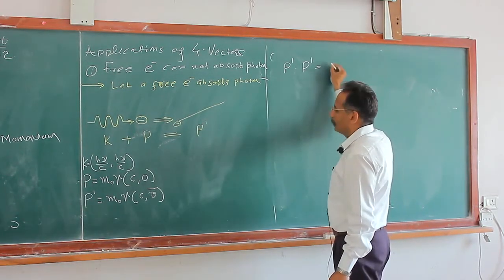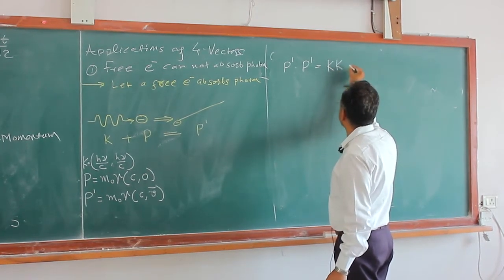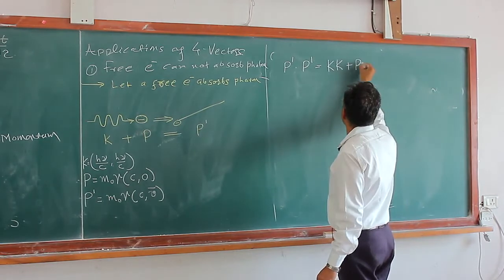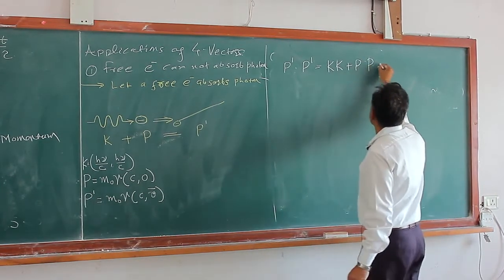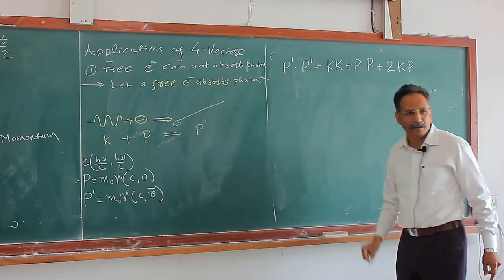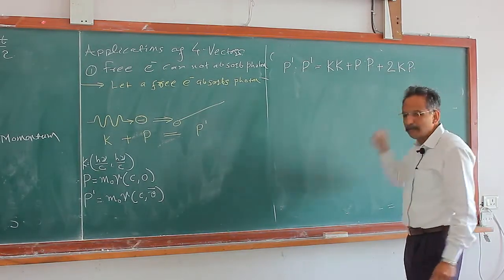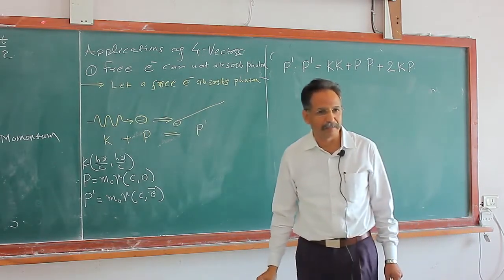So K square, you can call this K dot K, plus P dot P plus twice K dot P. Okay? So here we have to work out that mixed inner product.